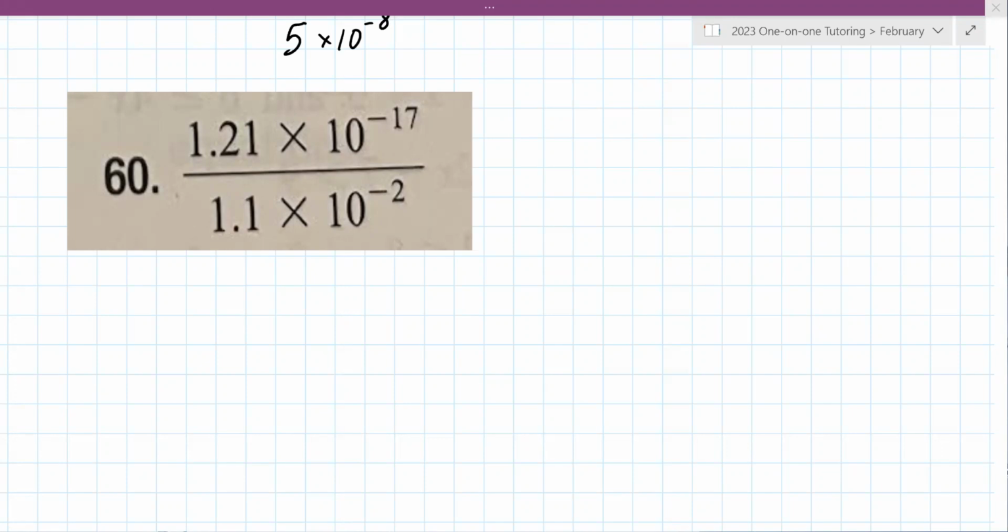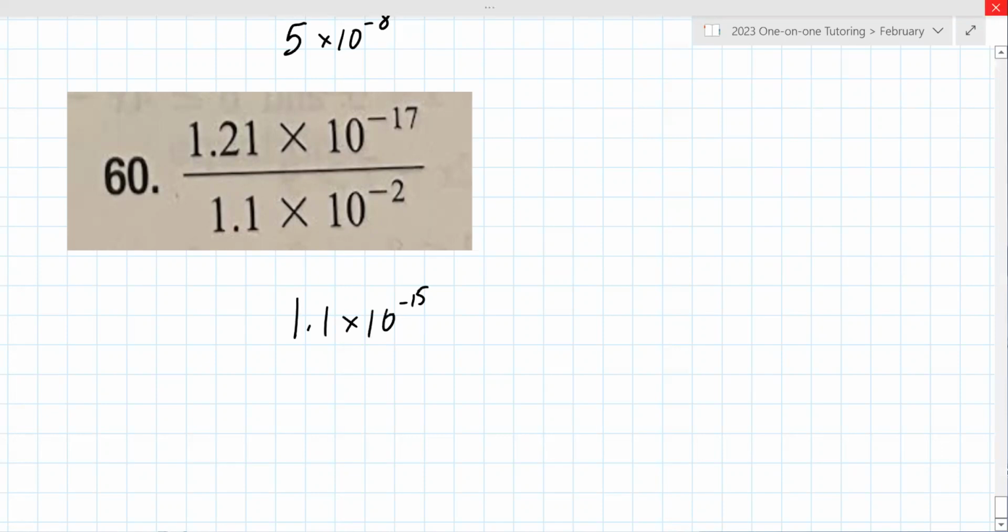So I got 1.1 times 10 to the negative 15. Yes. I would say you really understand this. Yeah, it seems pretty easy now that I go through it.